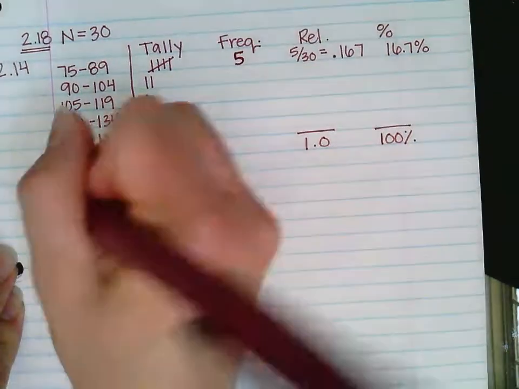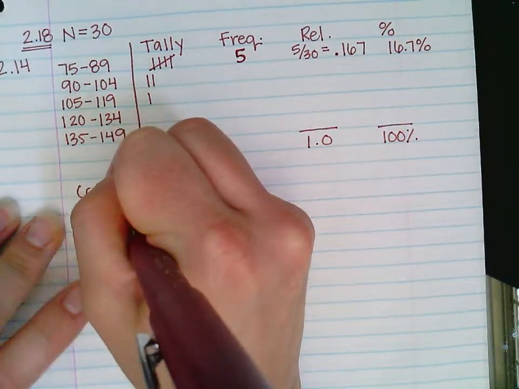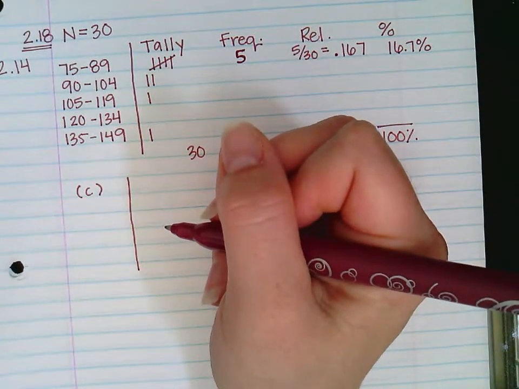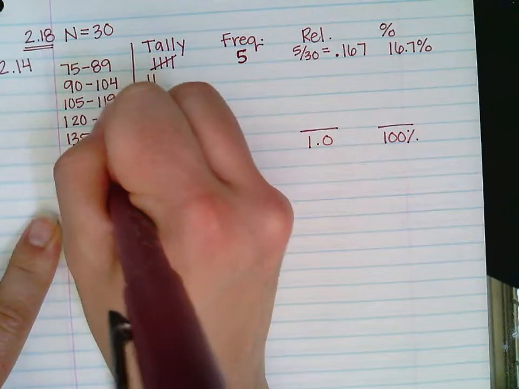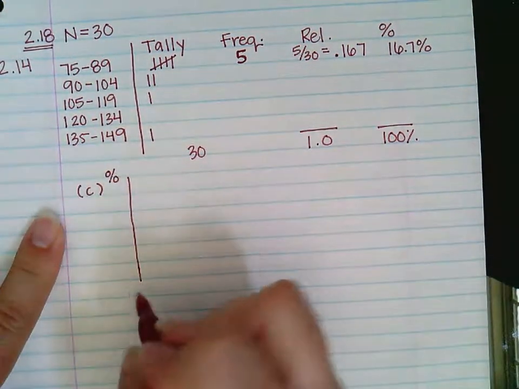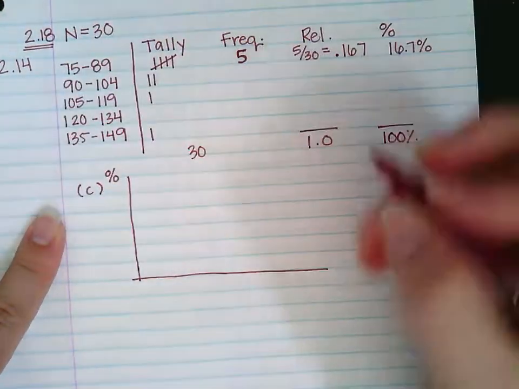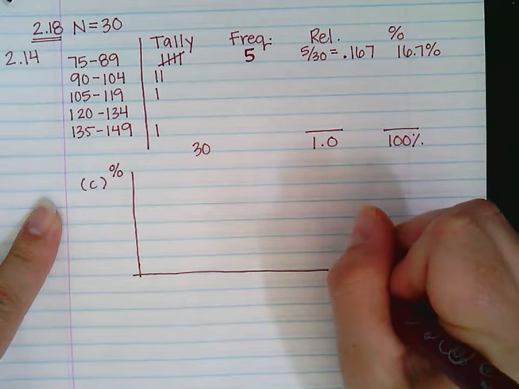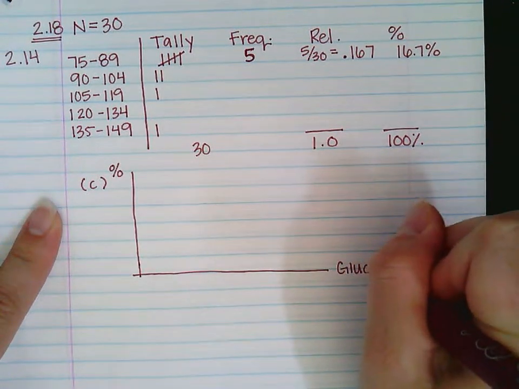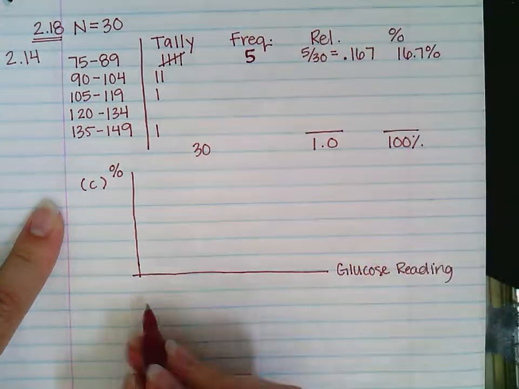Now, when we construct the histogram here on part C, it says specifically for the percentage distribution. So percents has to go on your y-axis here. And since this is a number, a quantitative variable, we're going to put glucose reading here, and I'm going to treat this like a number line.